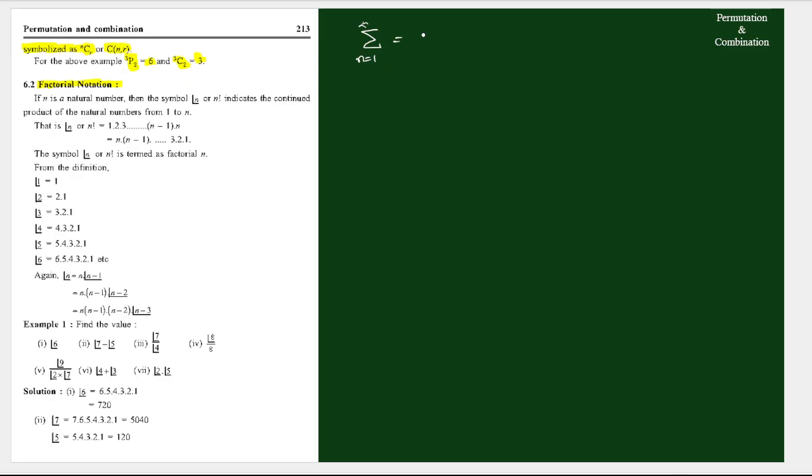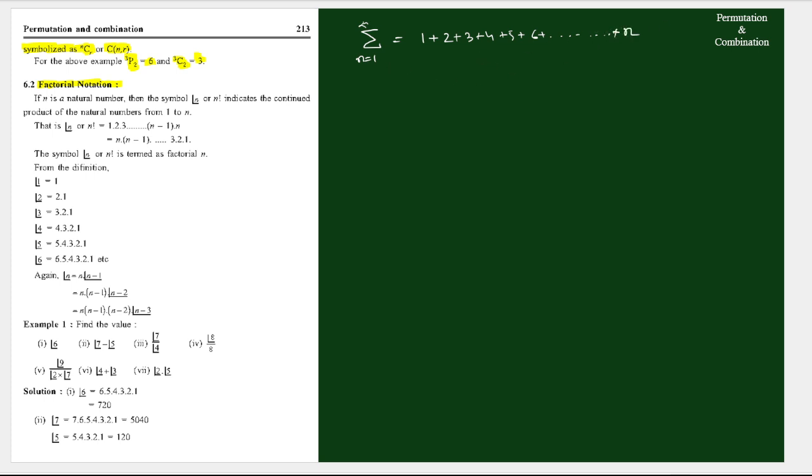That means we add 1 plus 2 plus 3 plus 4 plus 5 plus 6, and it will go on like this up to infinity or up to n.